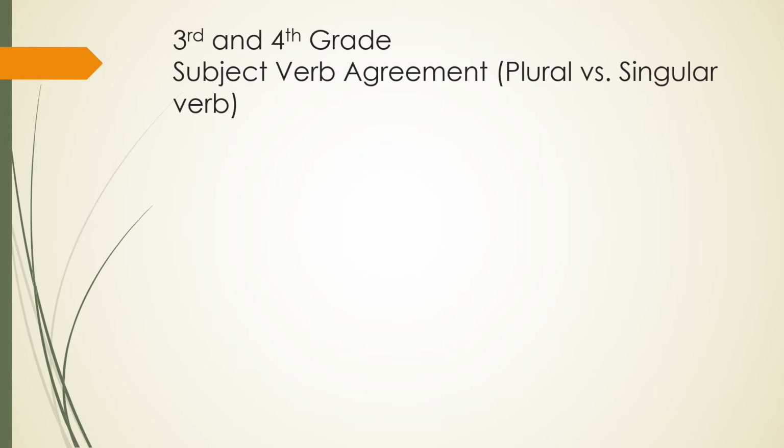Third and fourth grade, we're talking about subject-verb agreement today. So when I say subject-verb agreement, don't be intimidated or scared. Just know that it's verbs that sound right in the context of a sentence. So when we use plural nouns, we're usually going to use a singular verb.